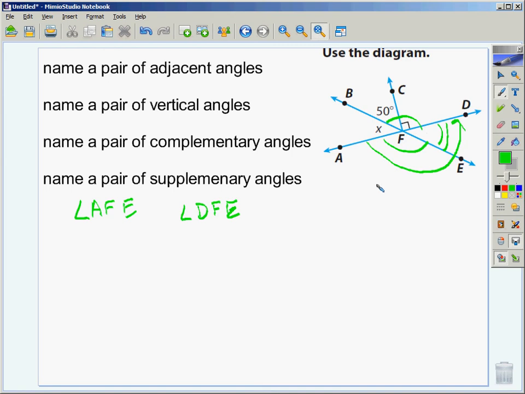Wait, can you do that again? Okay. If I choose AFE, I could pick this angle because these two put together make a straight line. Or I could have picked this angle because these two put together make a straight line. If they make a straight line, they add up to what? 180 degrees. AFE to DFE should equal what? 180 degrees.